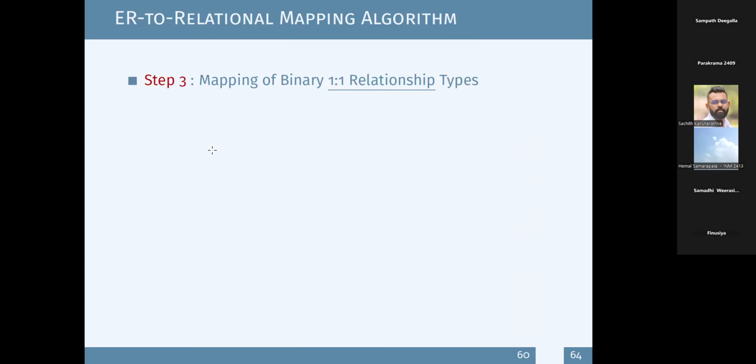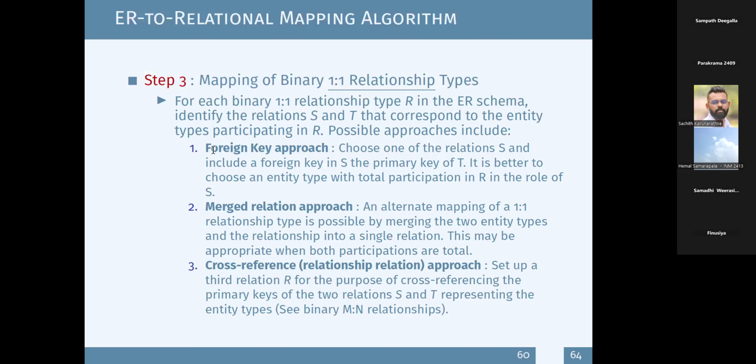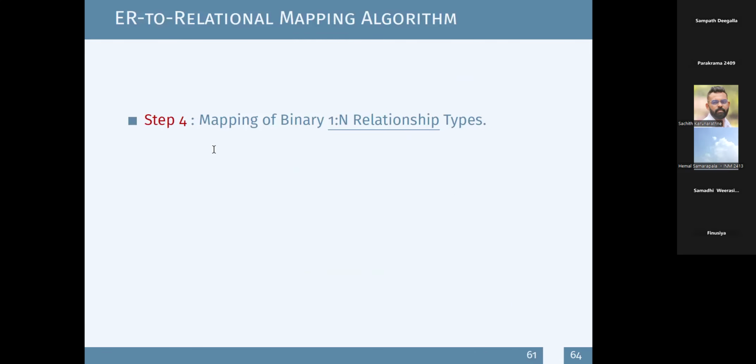Okay, going back to the mapping relations, we discussed one-to-one mapping. So let's look at one-to-many relations. For example, the employee can work for a department, but a department can have many employees.